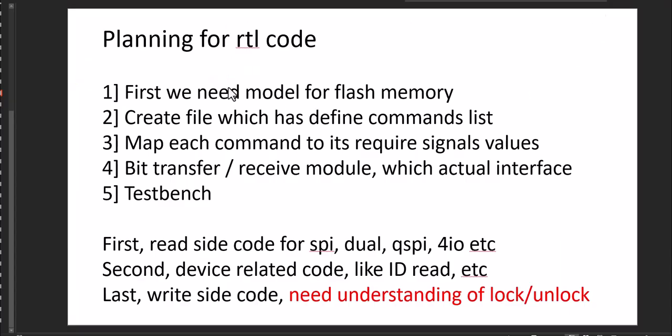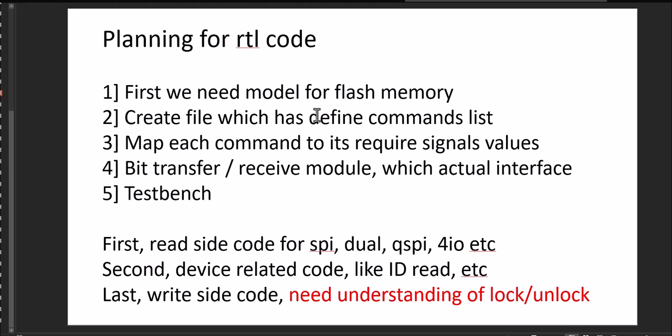So first we need the model. You can download it from the vendor website, and if it is not there, you can refer to your IP flash controller vendor for the same. From that manual or the data sheet of that IP or flash memory chip, we have to create the define command list file.